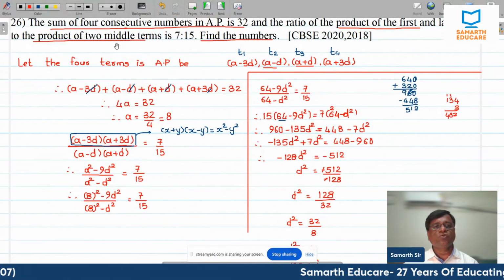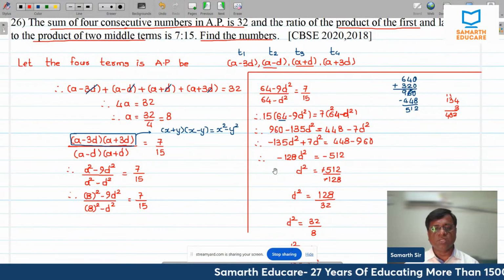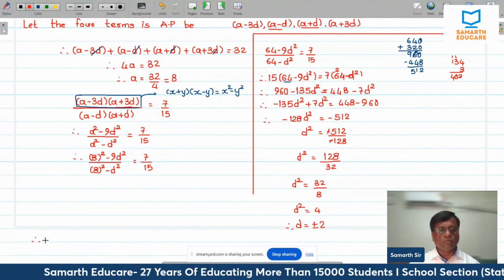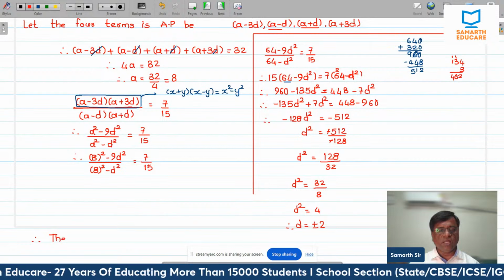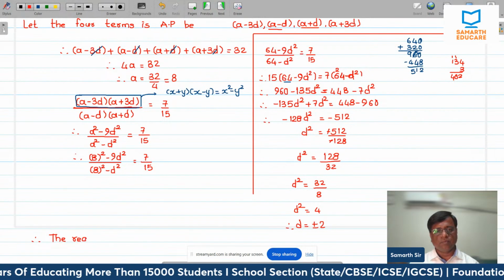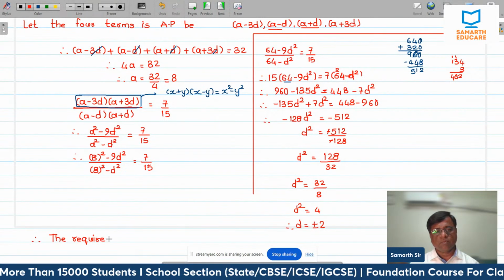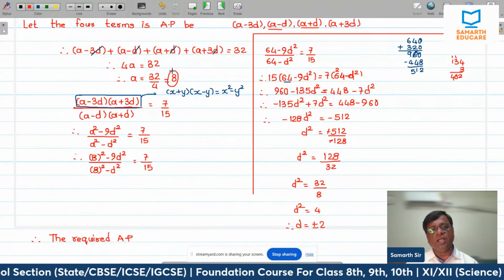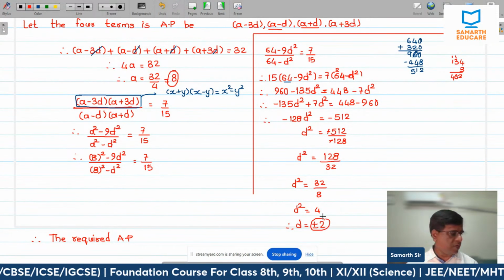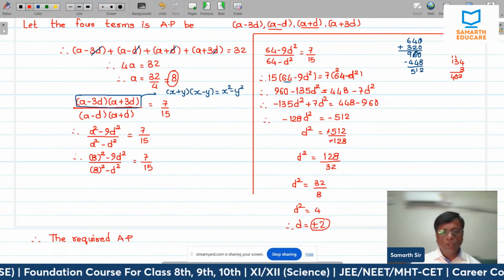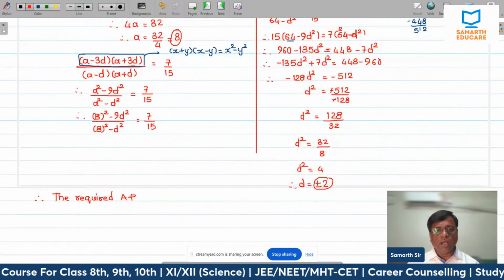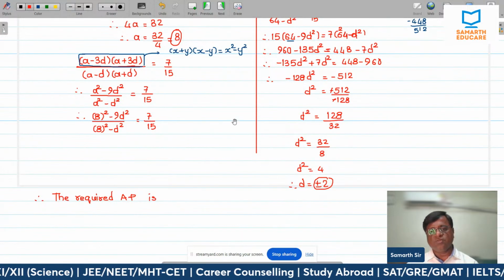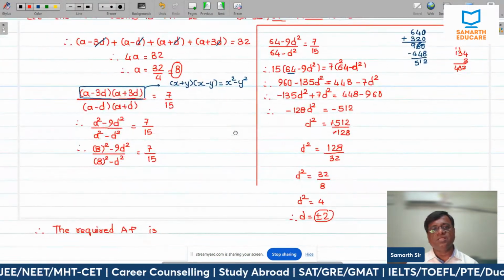My question was to find out the four consecutive numbers in AP. Now, therefore, the required AP. Remember, my value of A is 8 and value of D is plus or minus 2. So I will have to consider two possibilities, right? What was the first number? A minus 3D.